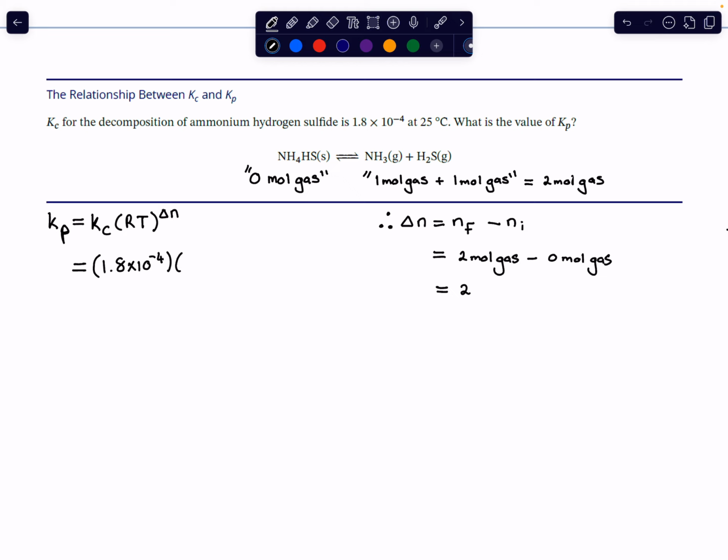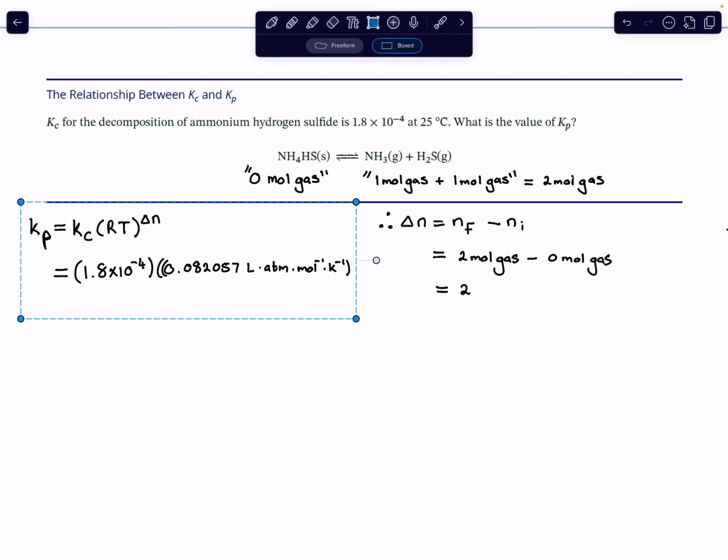Because gases have partial pressures, and we usually work with partial pressures in atmospheres, we need to use R in the atmospheric universal gas constant, which has a value of 0.082057, and the units are liter atmosphere per mole per Kelvin.